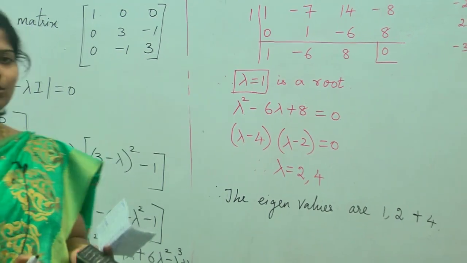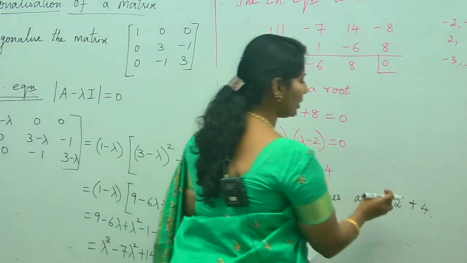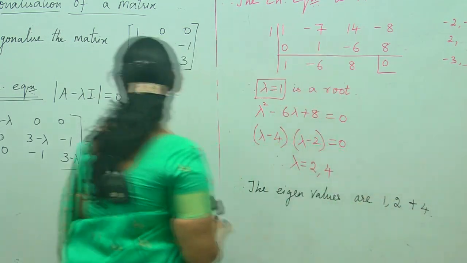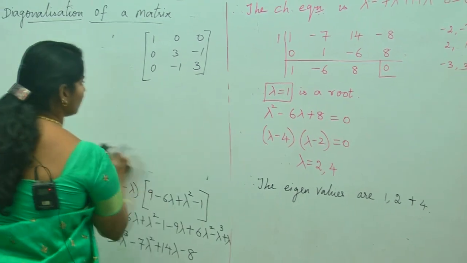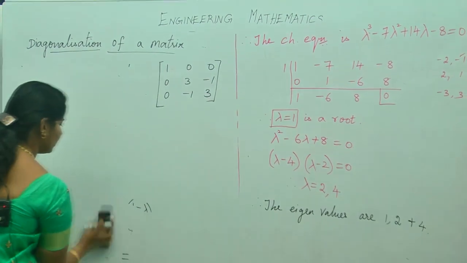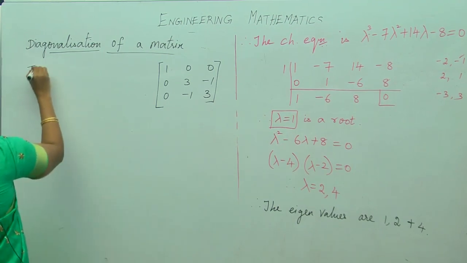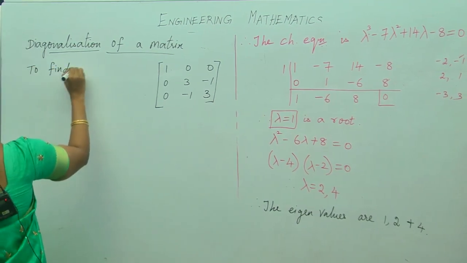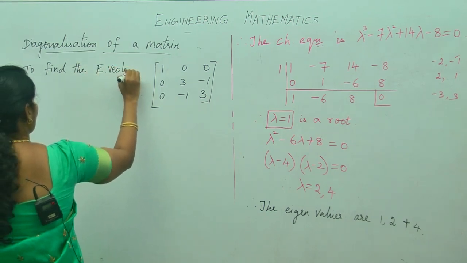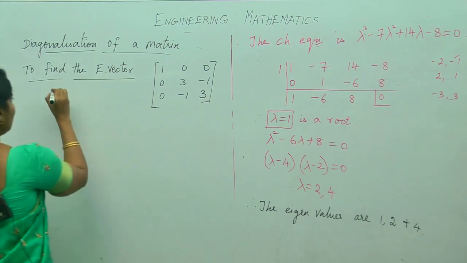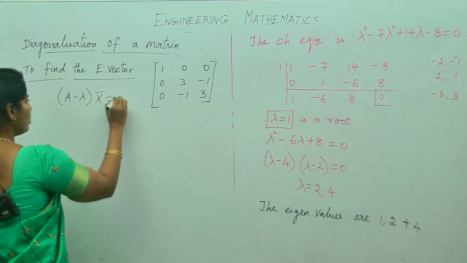Now, what is the step 2? We need to find the eigenvectors. How will you find the eigenvectors? By using the eigenvalues 1, 2 and 4. To find the eigenvector, what is the condition? A minus lambda I into x bar is equals to 0.